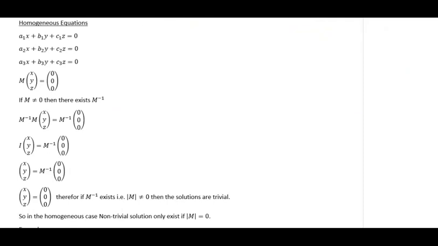Okay, this next bit is just on the homogeneous case. That's where all your equations are equal to 0. The homogeneous case in 3 dimensions is exactly the same as we had before. Imagine you've got 3 equations, say 3x plus 4y plus 5z is equal to 0, and 5x minus 6y plus 7z is equal to 0, and then x plus y plus z is equal to 0.